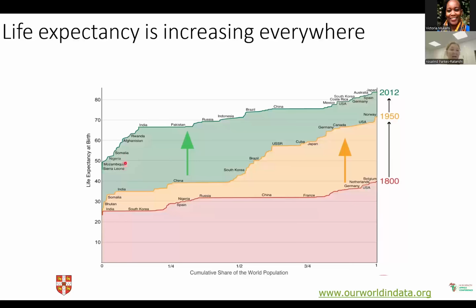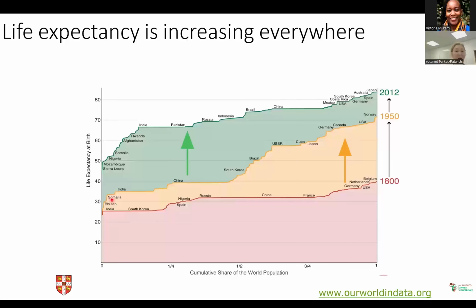And what we're seeing is that some places are still struggling with very, very low life expectancy. 300 years ago, the highest life expectancy was still only around 40 years. So when you were born, you only expected to live on average to around 35, 40. Right now, in high-income countries, you would expect to live to around 80.